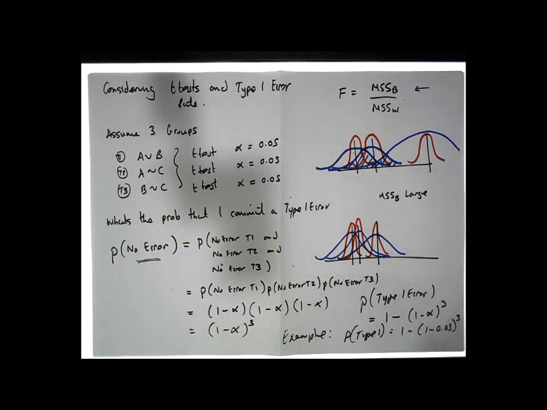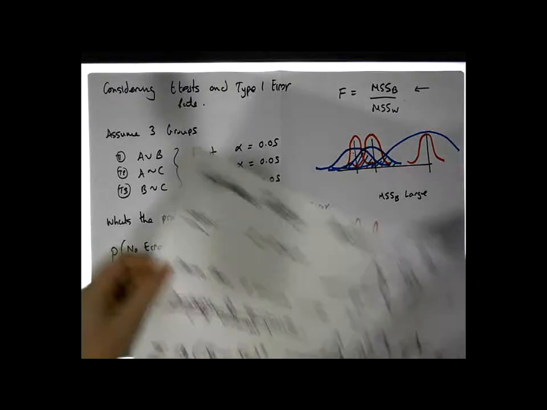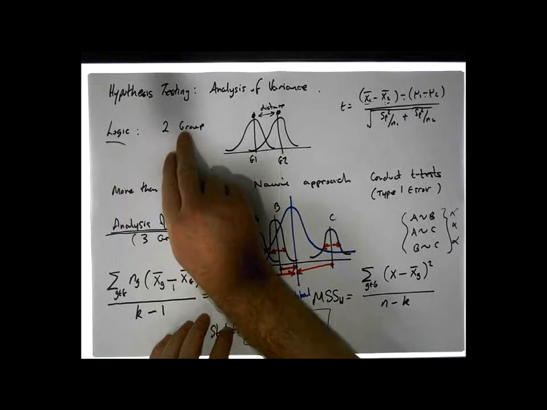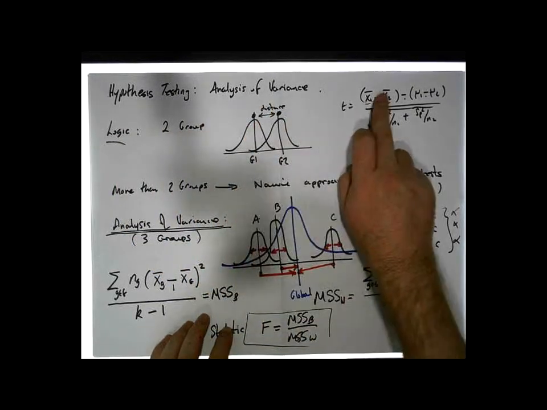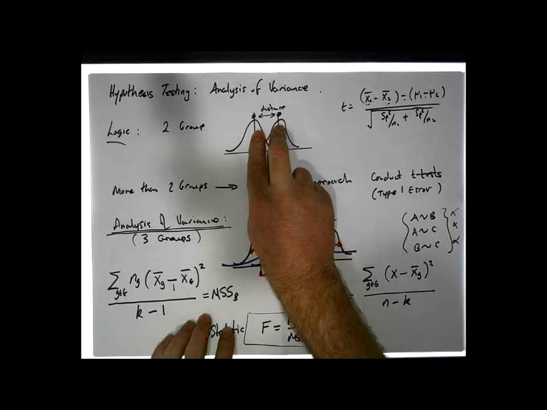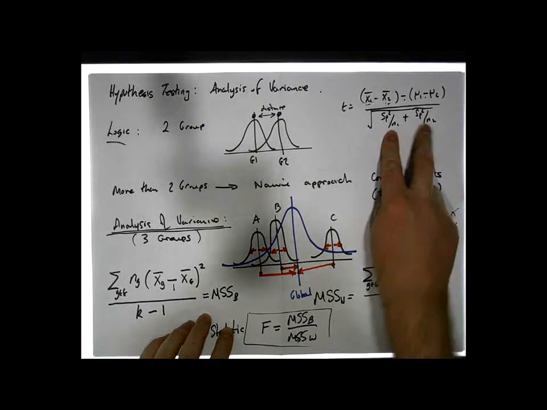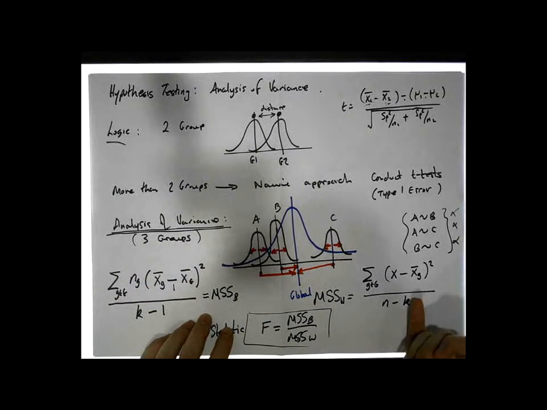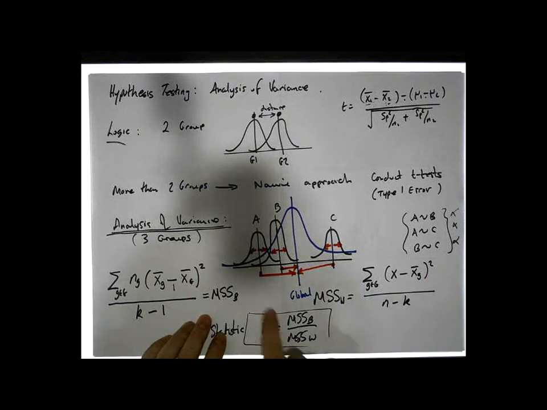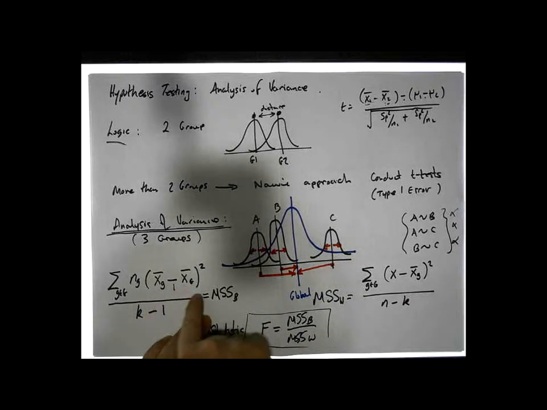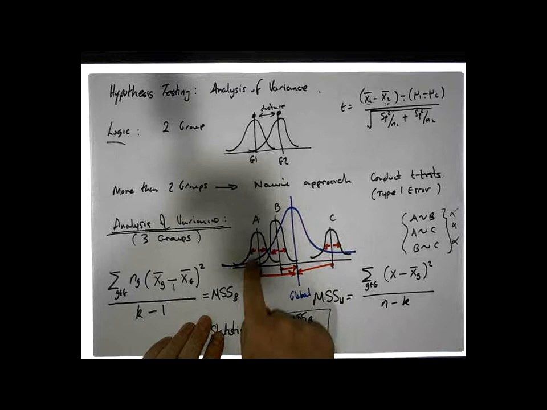Just to recap what I've gone through at this particular stage, and you can always rewind this video later on. I've put forward the argument and the logic behind the t-test and why the t-test is effectively a standardized distance measure. It's effectively measuring the distance between two distributions with respect to a standard meter stick. The analysis of variance uses variance to measure how far the individual groups are away from a global value on average, and how skinny they are on average.